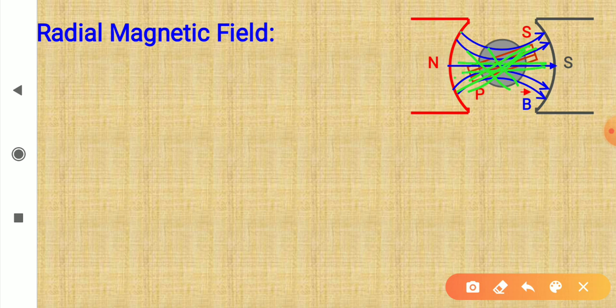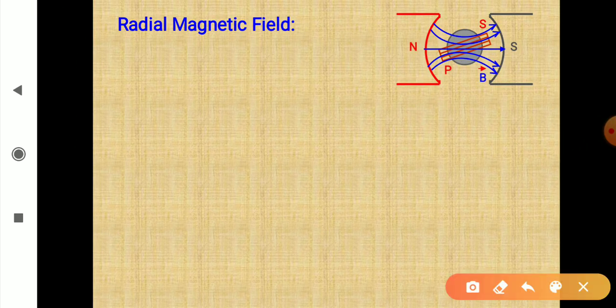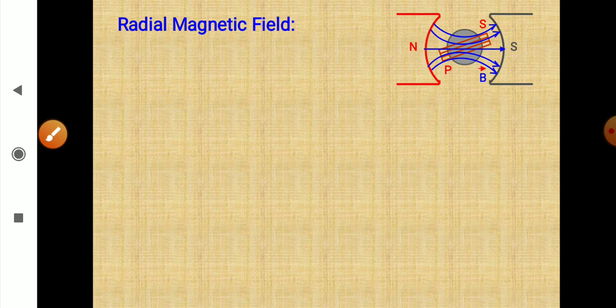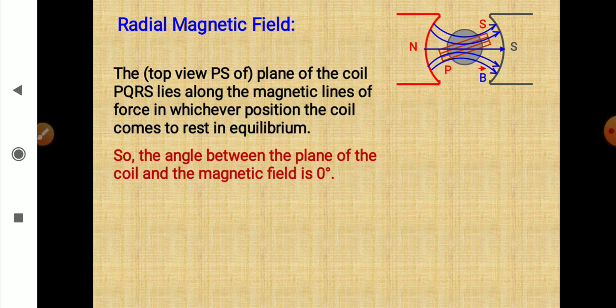That means in every case the plane of the loop and the magnetic field are parallel, or the plane of the loop and the area vector are perpendicular. So we have made the angle between the area vector and the magnetic field perpendicular by using this radial field and the soft iron core. This is exactly the same as what I just told you.